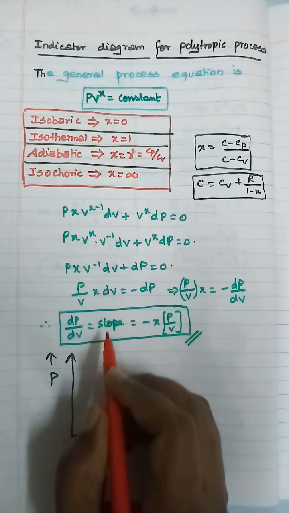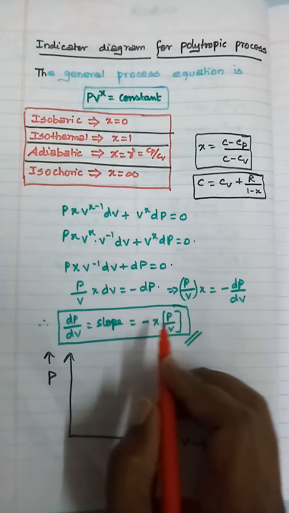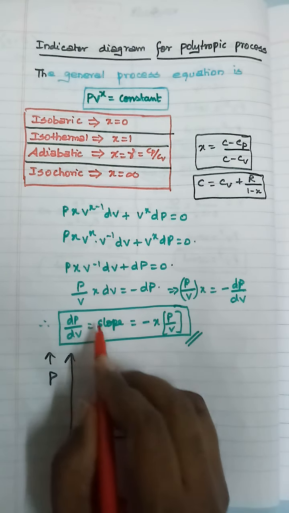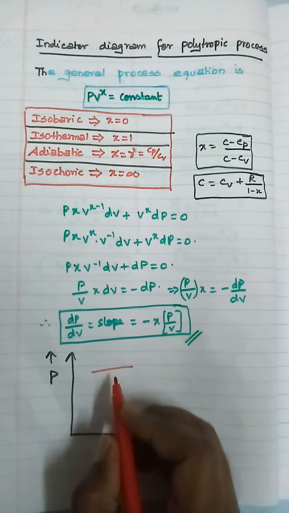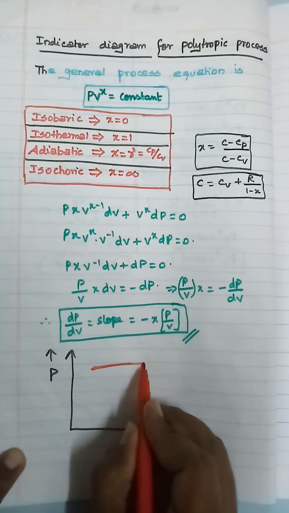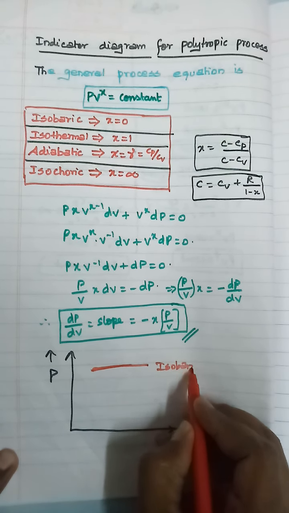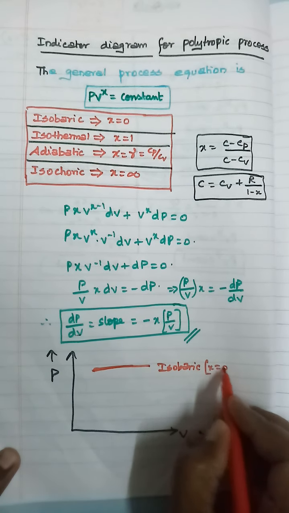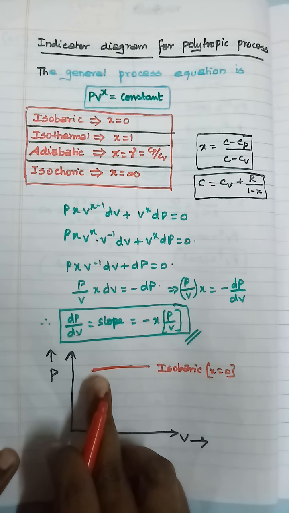For the isobaric process x = 0, so the slope will also be 0, and you will get a straight line. Since x = 0, the slope dP/dV is 0, so it will be a horizontal straight line.